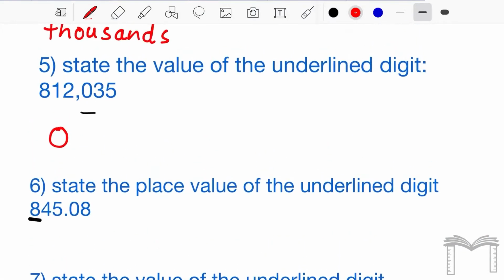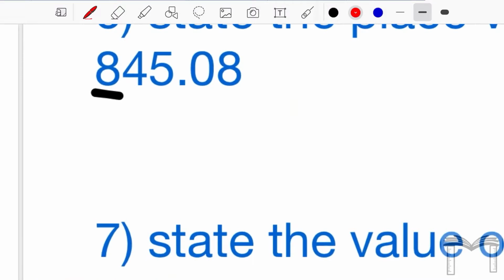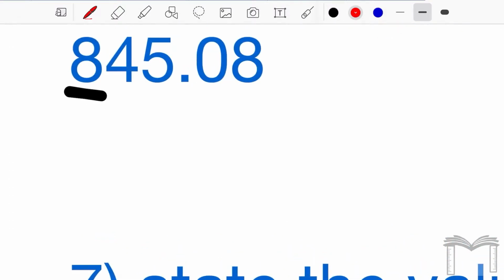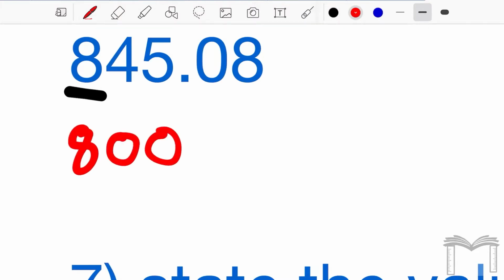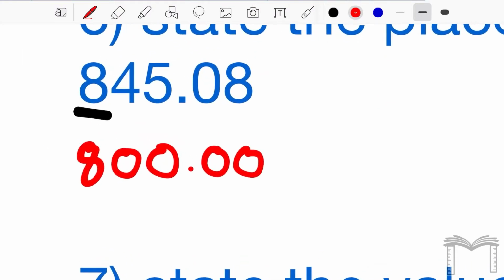Number 6. State the value of the underlined digit. So the 8 is in the hundreds position, so it's 800. We can write it as 800, or we can also add in the 2 zeros for the decimal places.